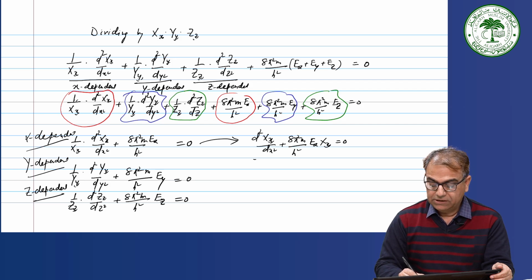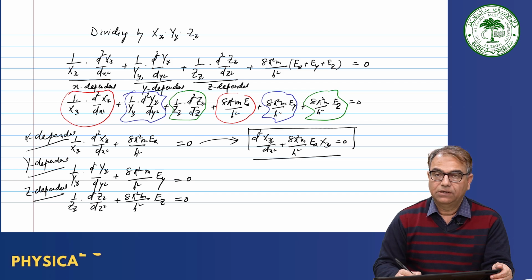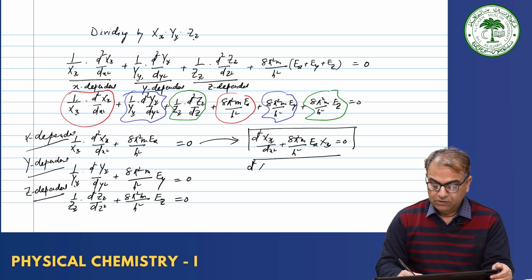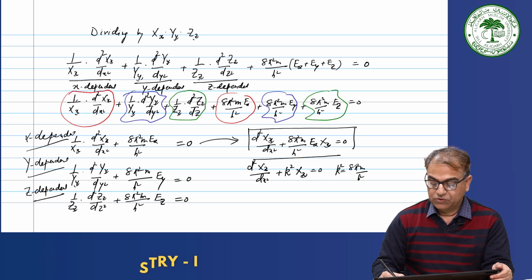And if you compare this with the equation of particle in a one dimensional box, it is exactly the same thing. So, that you can write d square by dx square plus k square X is equal to 0, where k is 8 pi square m by h square Ex under root, okay.